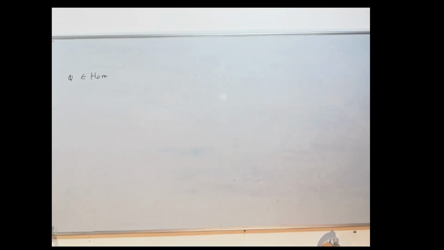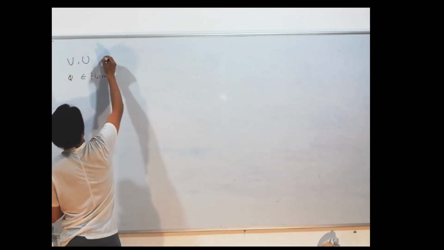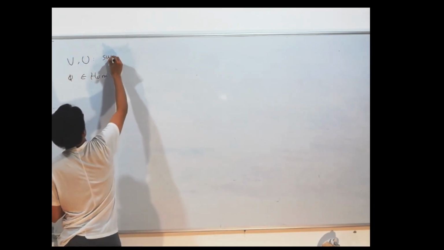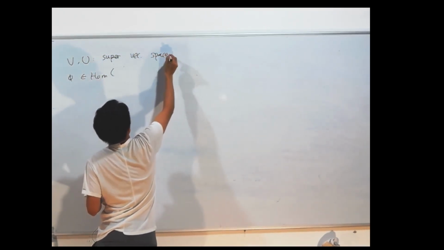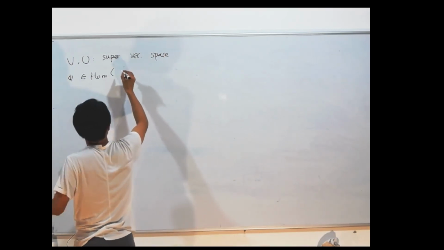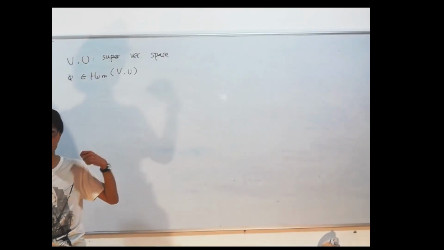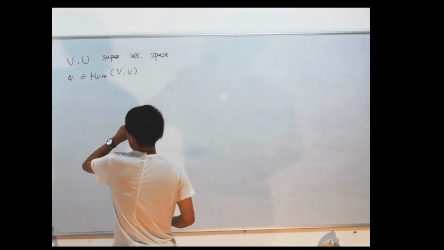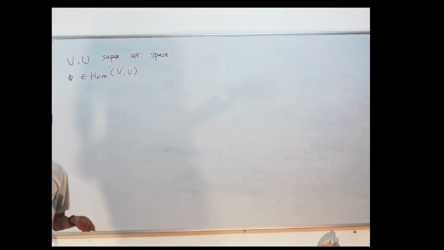So the notation basically goes through to any map. Suppose V and U are both super vector spaces. Of course, in general, you can think about any random map between two vector spaces, but you can in particular think about parity preserving and parity reversing morphisms.